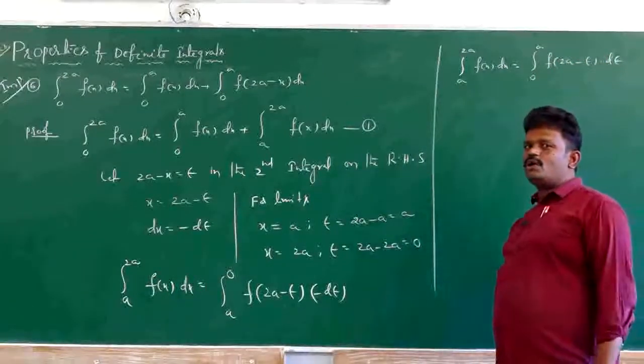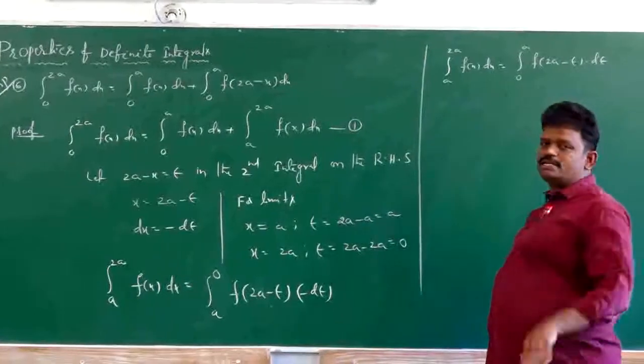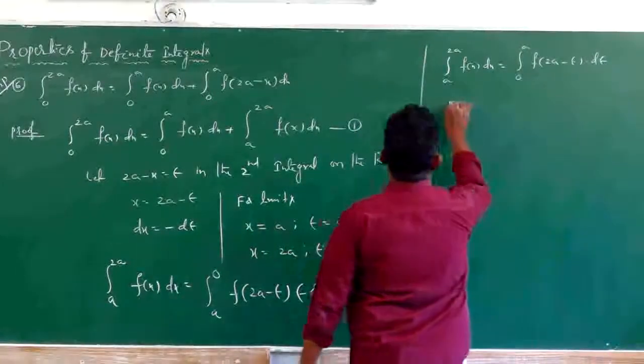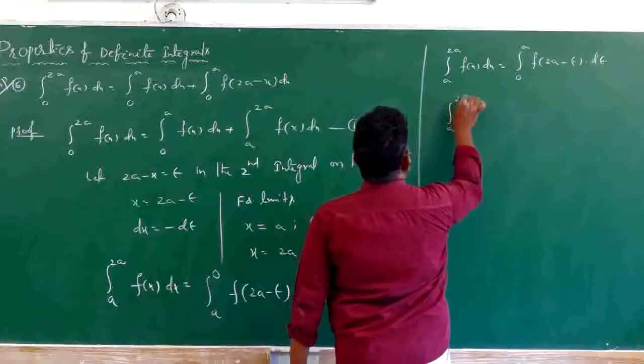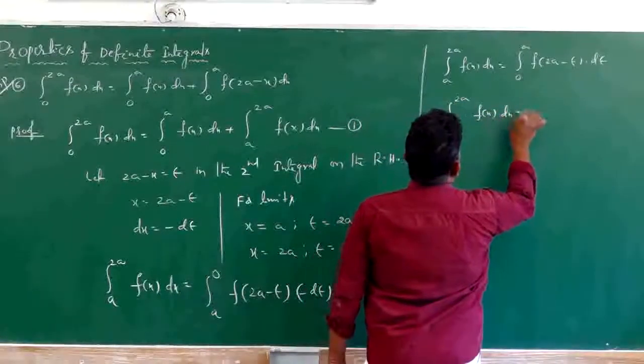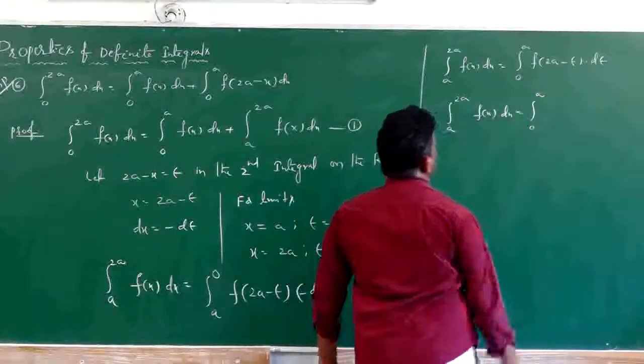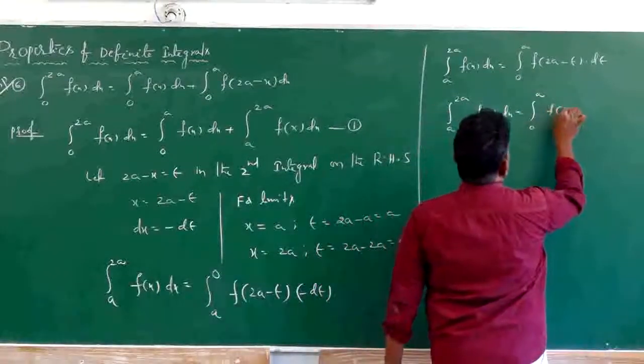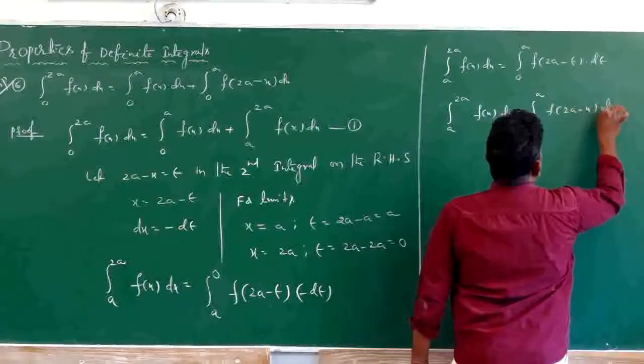Next, we apply the property that instead of t we can replace the variable, by the second property. So integral a to 2a f of x dx is equal to integral 0 to a f of 2a minus x dx.